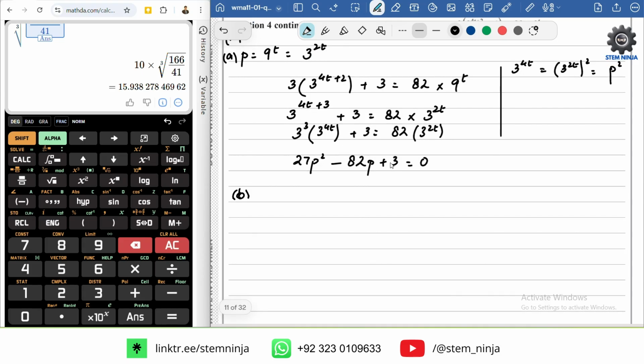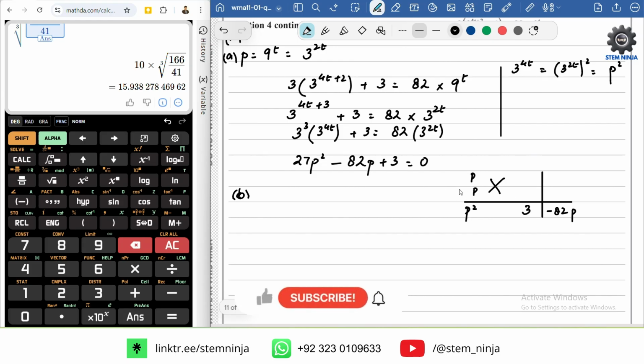So first off, we solve this quadratic equation. I think it's possible this would be solved by the sum and product rule. 27p squared minus 82p plus 3. This is 27, so 9 times 3 could work, and this is, wait, no, we need 81. So 27 times 3 is 81.